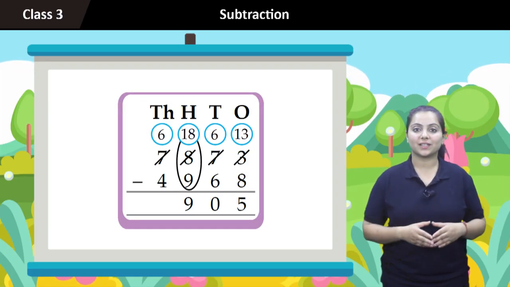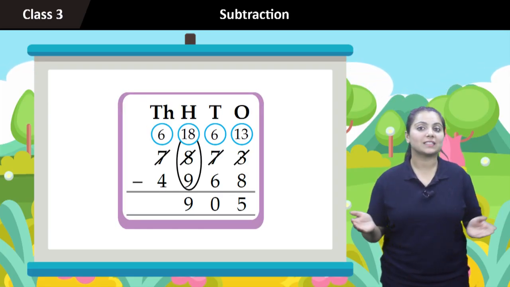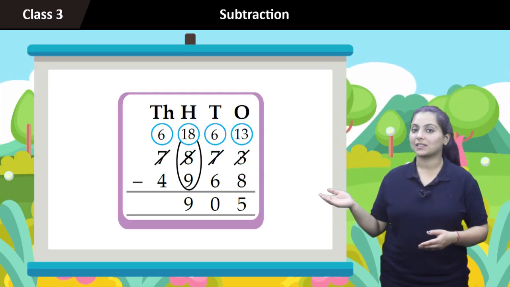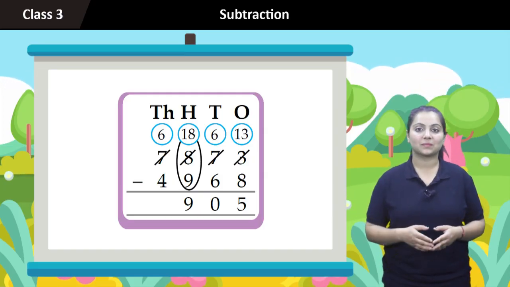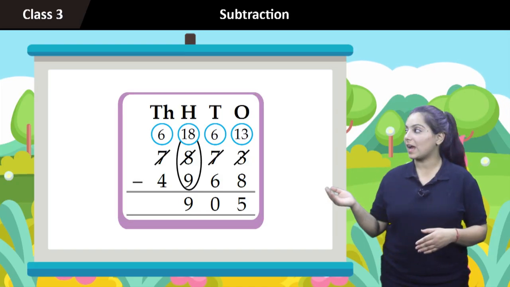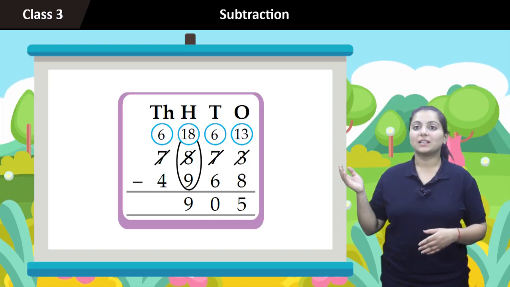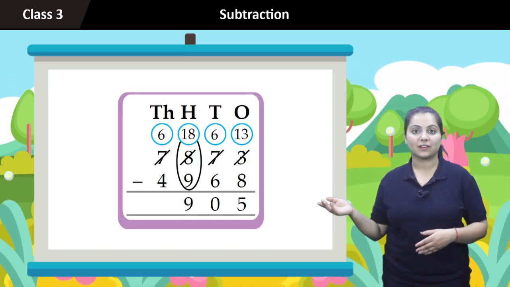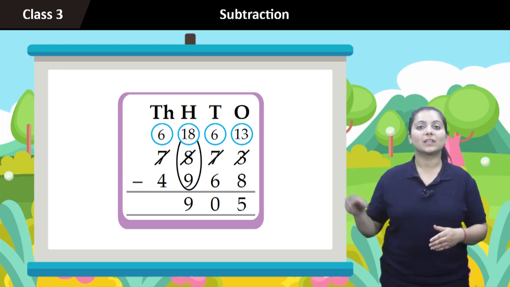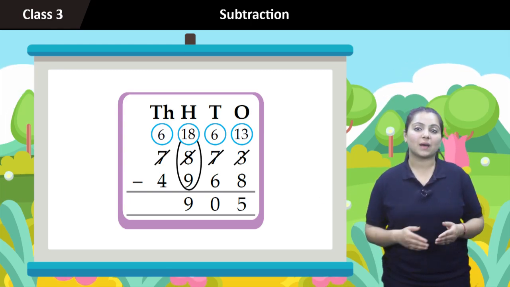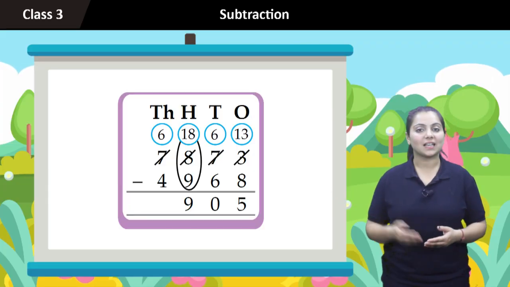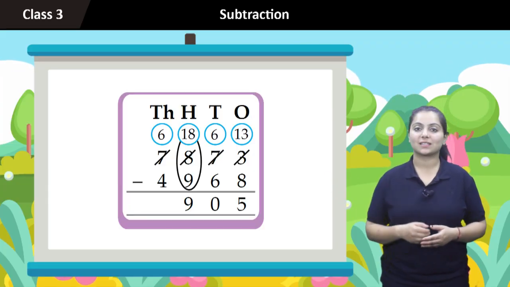Subtract the hundreds. As we cannot subtract 9 hundreds from 8 hundreds, we borrow 1000 from the thousands column. 1000 plus 8 hundreds is equal to 10 hundreds plus 8 hundreds, that is equal to 18 hundreds. Now 18 hundreds minus 9 hundreds is equal to 9 hundreds.